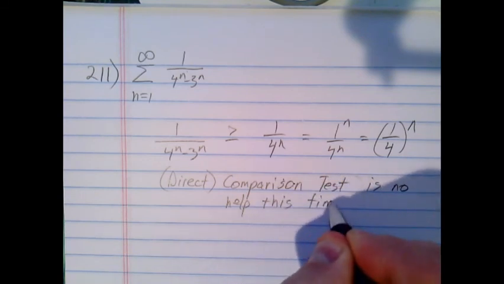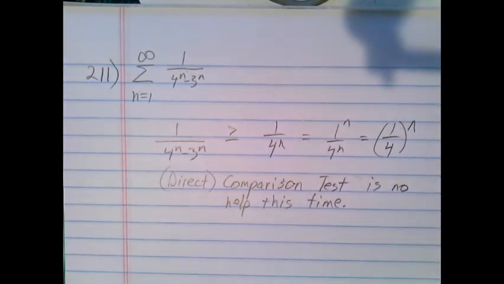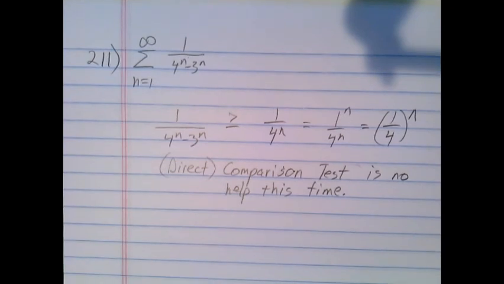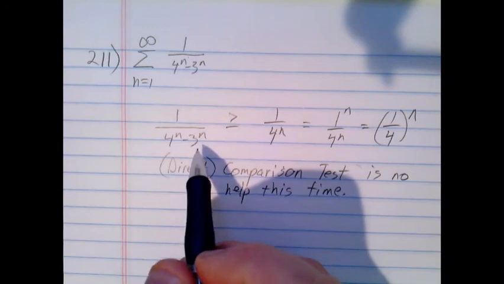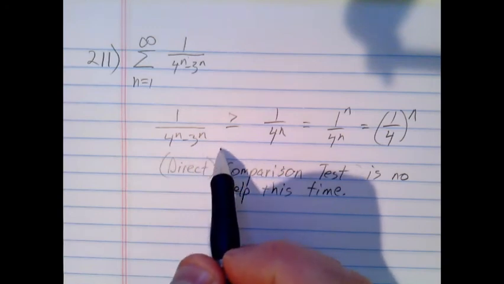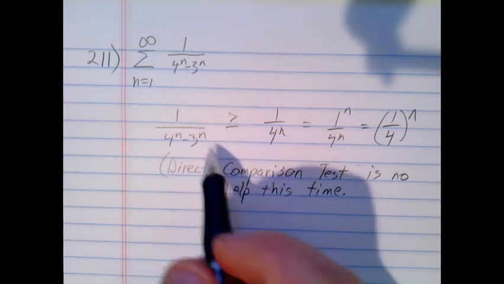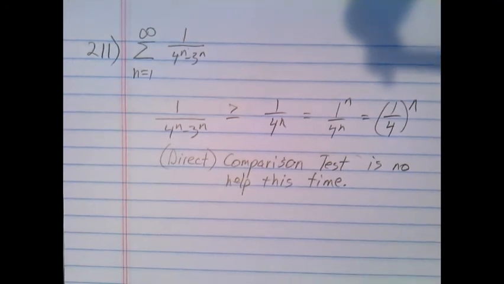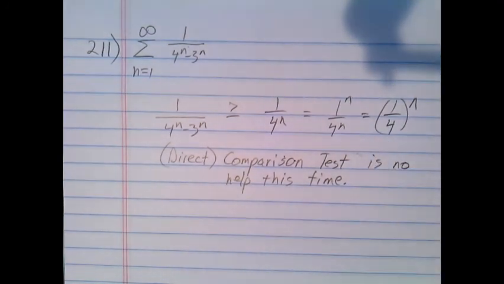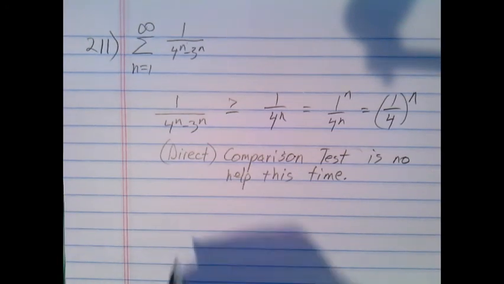Now maybe I could come up with a creative way to make it helpful, but I gotta tell you, most of the time, if the direct comparison test isn't working out easily, it's usually going to be better to just hop over to the limit comparison. If you know what you should be comparing it to, move on to the limit comparison test.